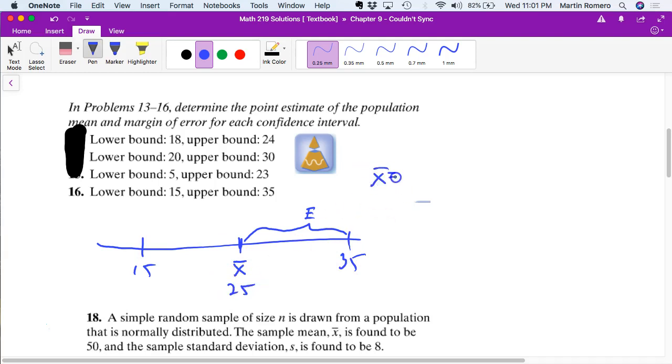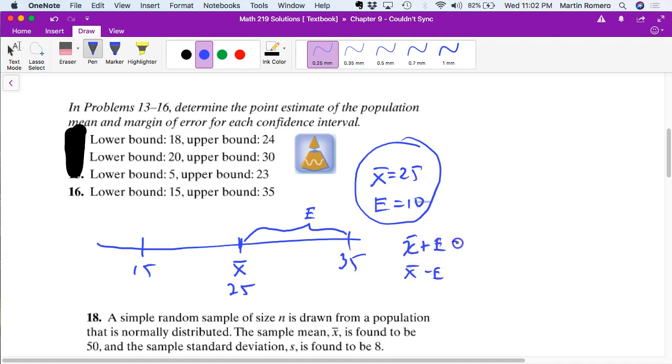So your point estimate is 25, and your margin of error would be 10, because the distance from here to here is 10, or the distance from here to here is 10. Remember, it's x bar plus error, x bar minus error, so 25 plus 10 is 35, 25 minus 10 is 15. That's problem 16.